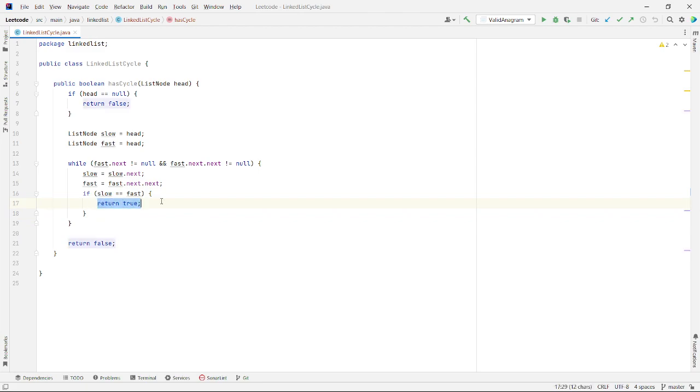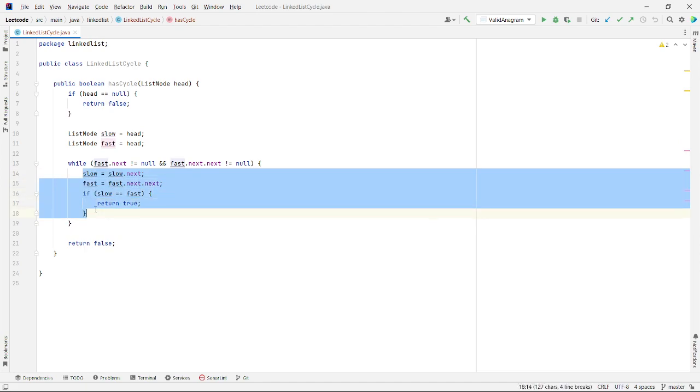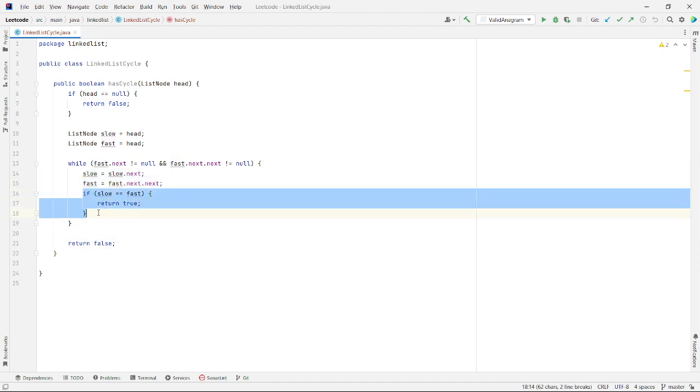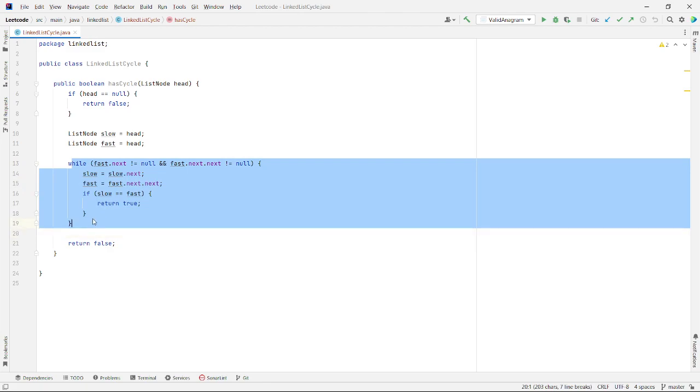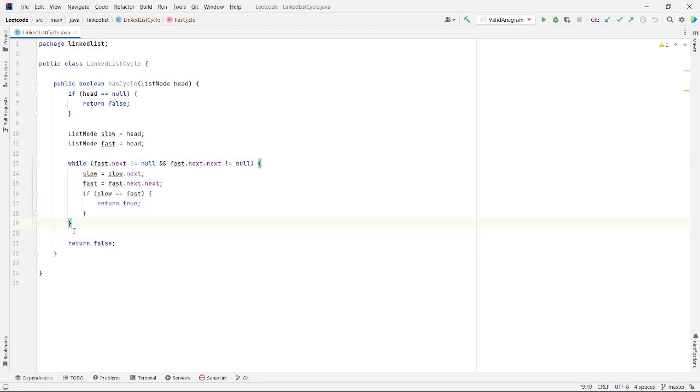Hence, we break this loop and return true in this case. And if this condition is never met, the fast pointer will reach the end, and we will come out of this while loop. In that case, definitely the cycle is not present, because the fast pointer reached the end, and we will return false, because the cycle is not present in this case.